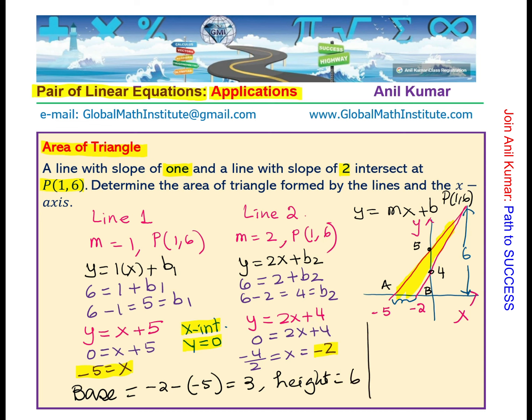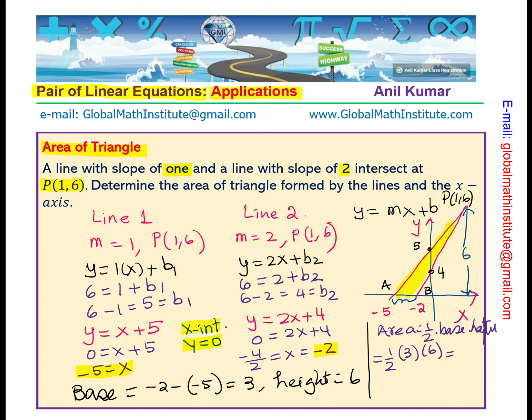So we can now write down the area of the triangle, which is half base times height. Half, the base being 3 and the height being 6. That gives you 6 times 3, 18, divided by 2, which is 9. So our answer is 9 units square.